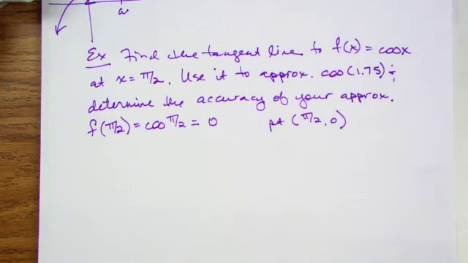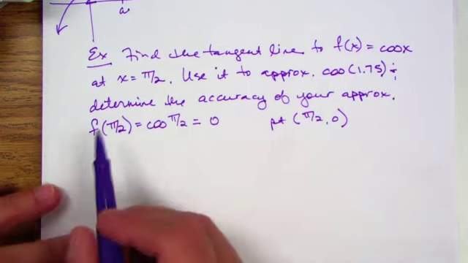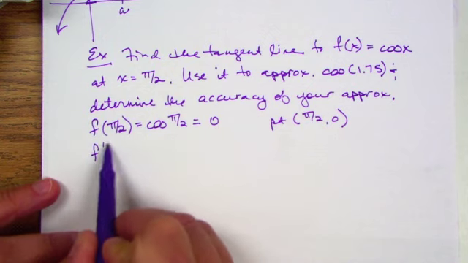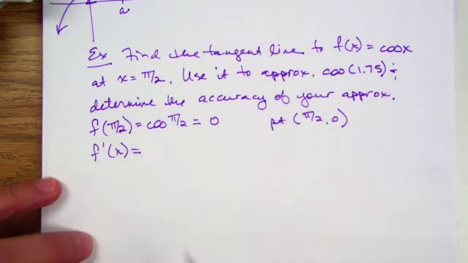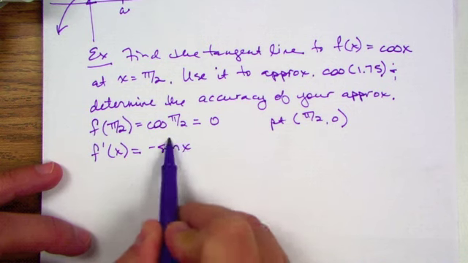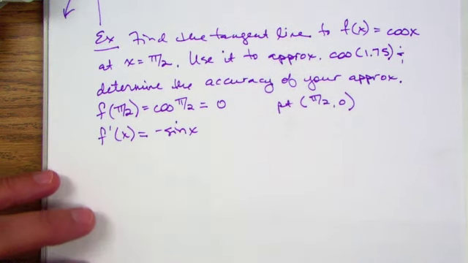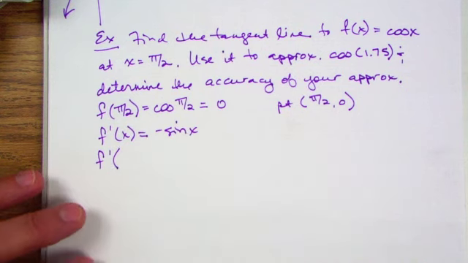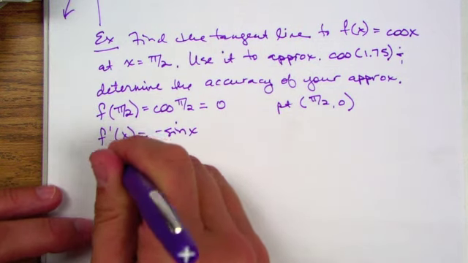And the next thing I need, you told me, is the slope at that point. So I need the derivative. So what is the derivative of f of x? Negative sine x. And I need that when x is pi halves, right?